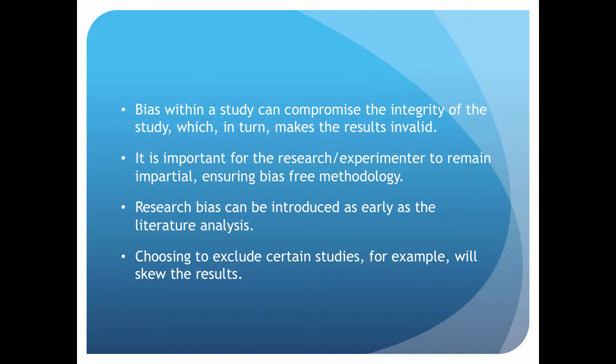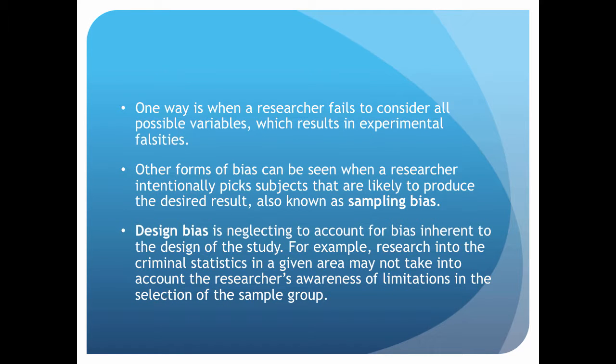Okay, research bias can be introduced as early as the literature analysis. If you think about that, if you only look in certain places, that's what you'll find. Or if you only pick certain articles or sources. Okay, choosing to exclude certain studies, for example, will skew the results. All right, one way is when a researcher fails to consider all possible variables, which results in experimental falsities.